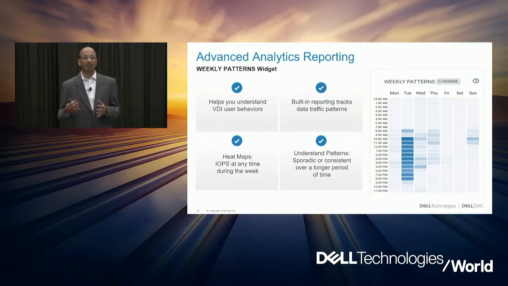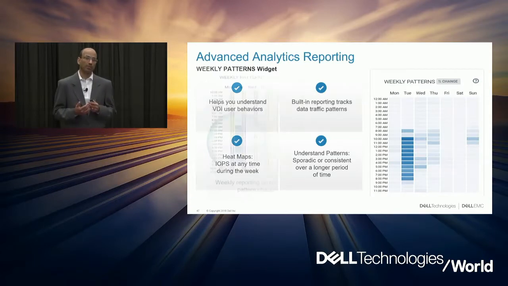From the heat maps, you can see the IOPS that are being used predominantly at any time during the week. But best of all, you can understand the built-in reports tracking the data traffic patterns.